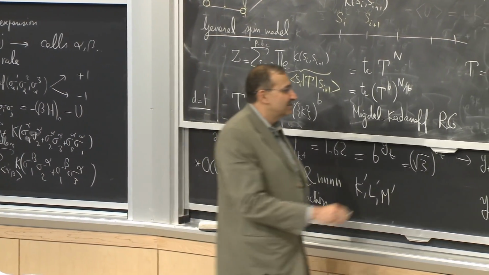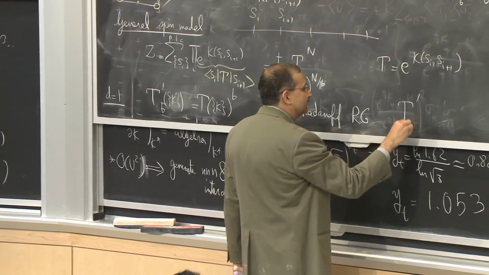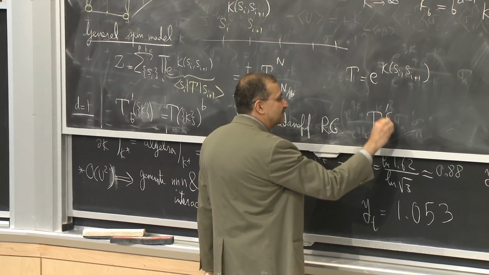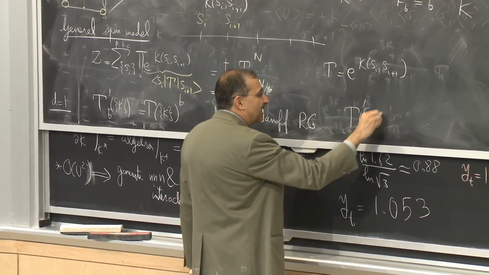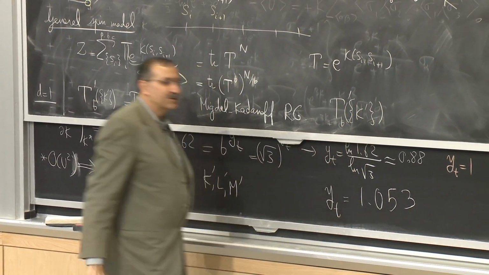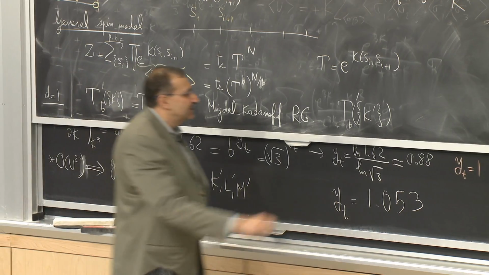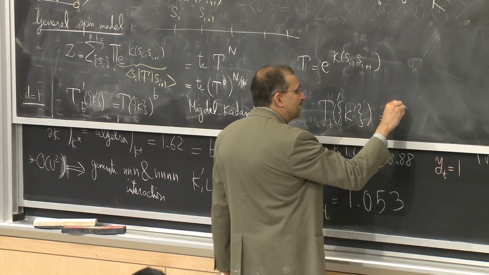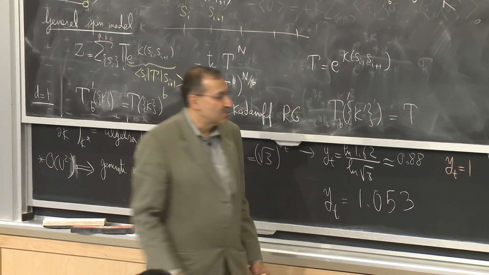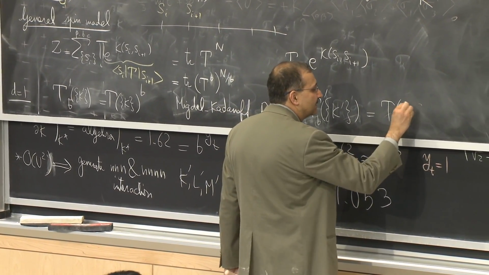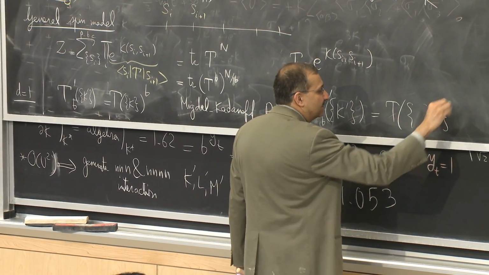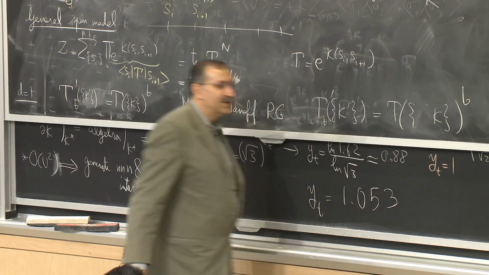So basically, what I would write down is t prime, which is after rescaling by a factor of b, is a function of a set of parameters that I will call k prime, obtained by taking the matrix that I have for one set of couplings and raising it to the power of b.